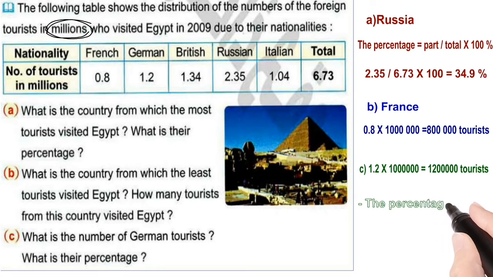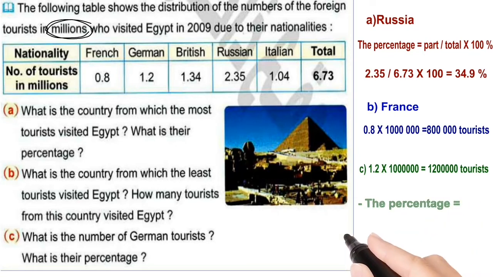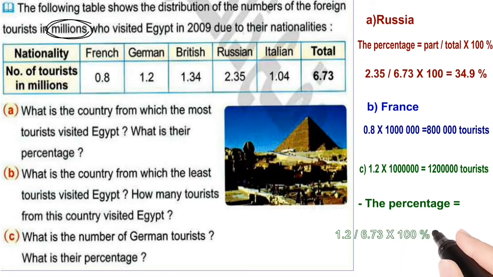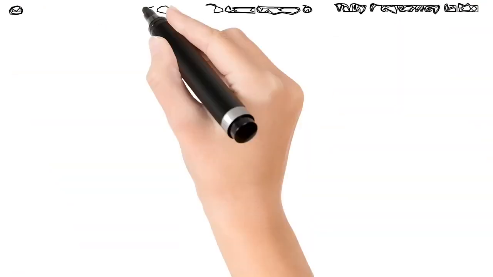Part will be 1.2 divided by total 6.73 multiplied by 100. The answer will be 17.8%.